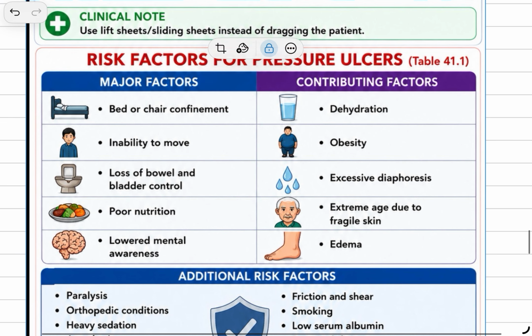Okay. Lastly, that is edema. Edema is not moisture, it is a collection of fluid between the skin and subcutaneous tissue, you can think. Now, intercellular also.